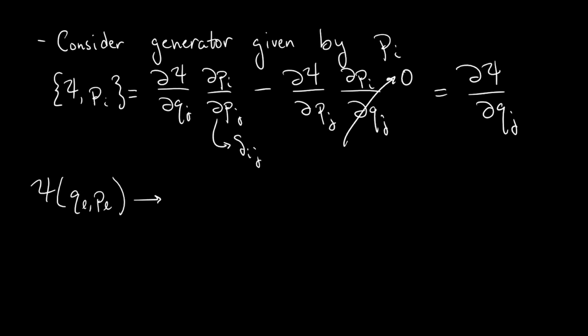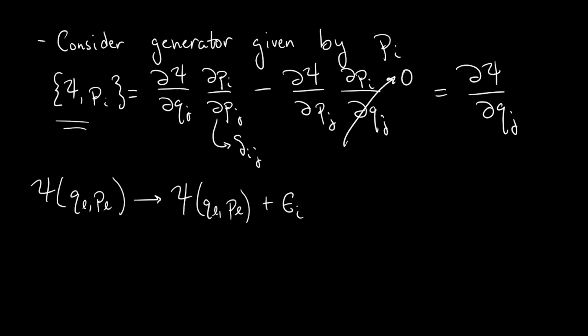We already know the transformation is given by our old function plus epsilon times the Poisson bracket. I have to put an index on epsilon because I have to sum over all of the momentum generators I may have.